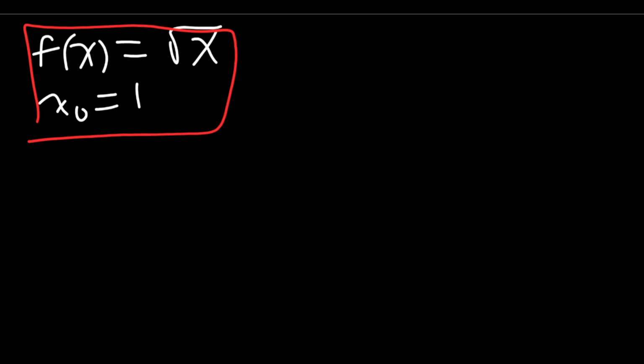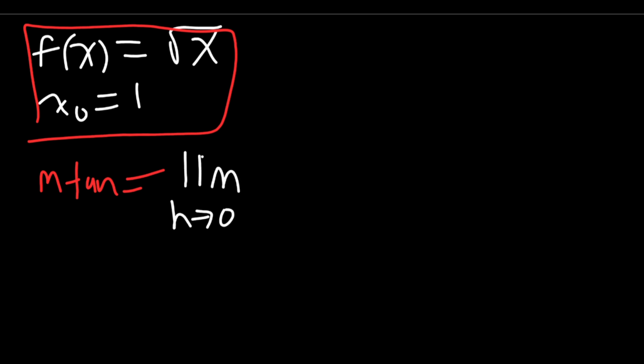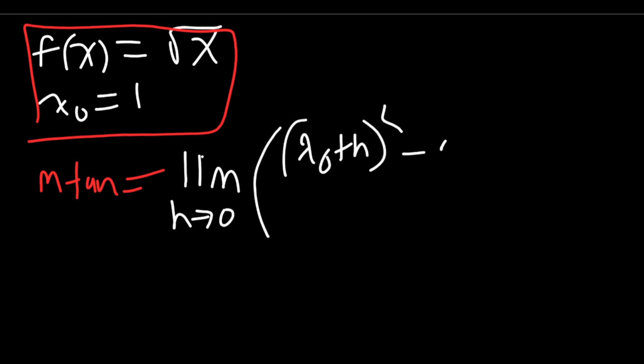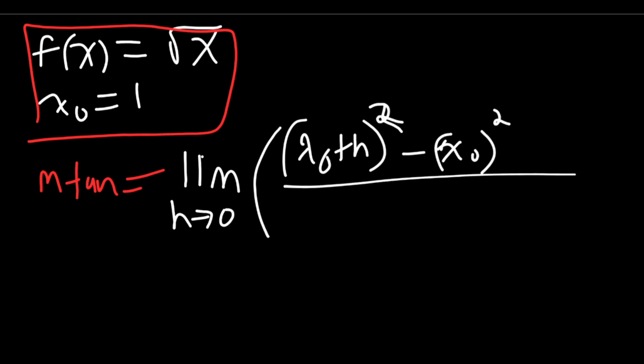Okay, so I'm going to go ahead and do it now, very quickly. I'm not even going to write m tan, I'm just going to say m tan equals our limit as h goes to 0 of x naught plus h squared minus x naught squared over h. Now let's go ahead and plug in our x naught right away.